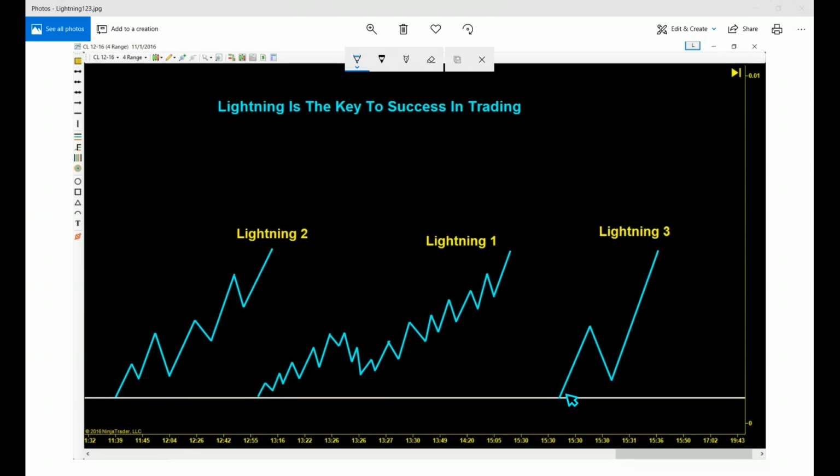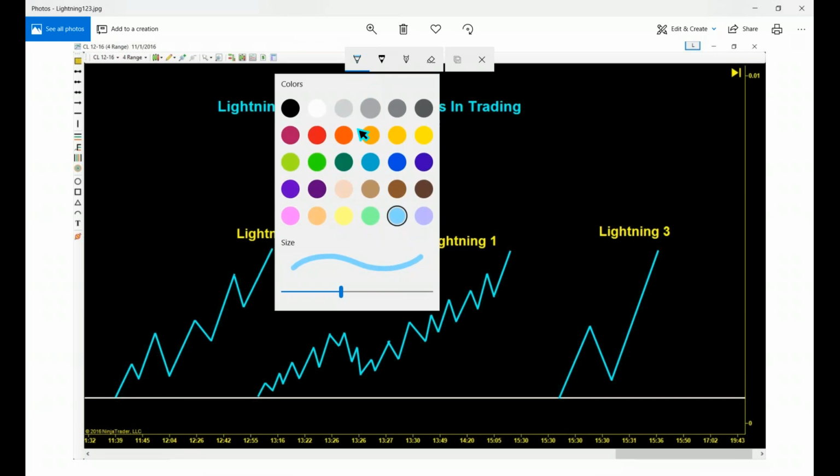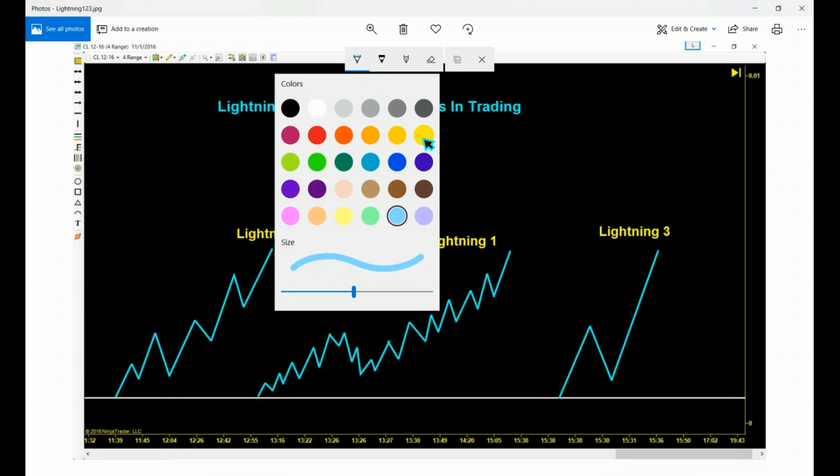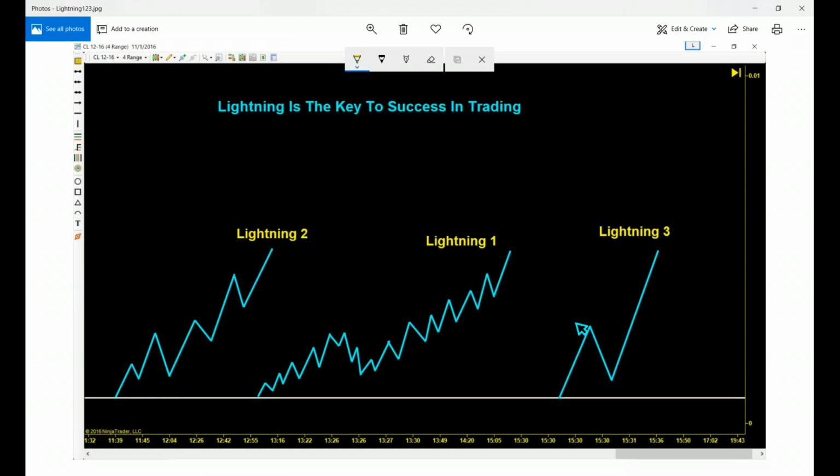But see, on this lightning 3 right here, you have a low, you have a high. You don't know this is your higher low until it takes out this swing. So if you were looking for a trade in here, for instance, wouldn't you be looking for something in the neighborhood of, on a pullback, like right across there?